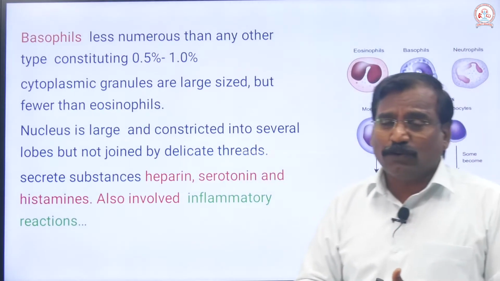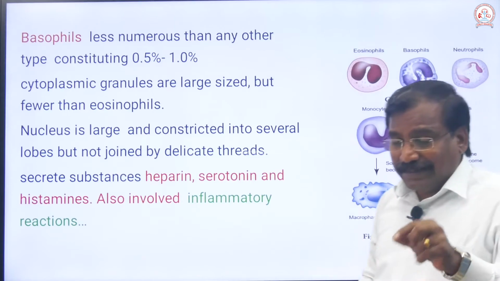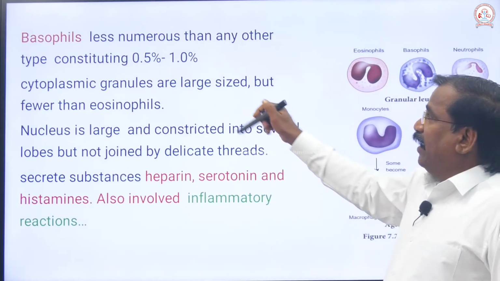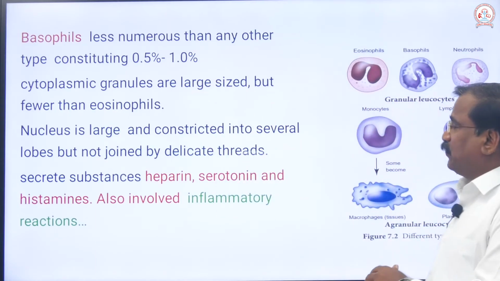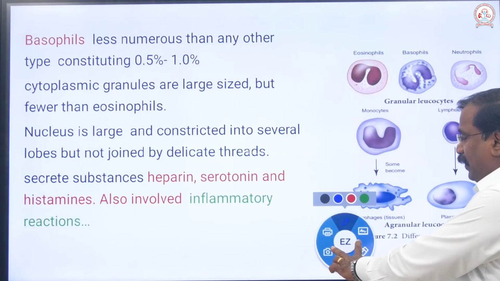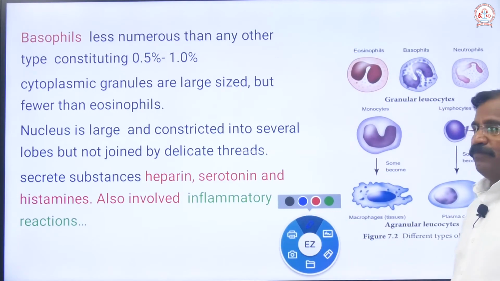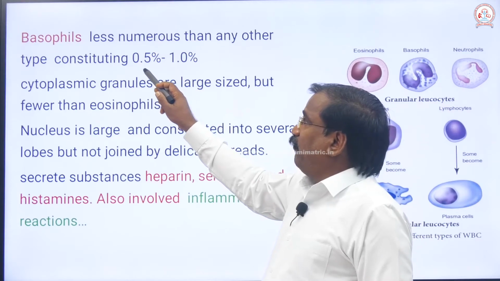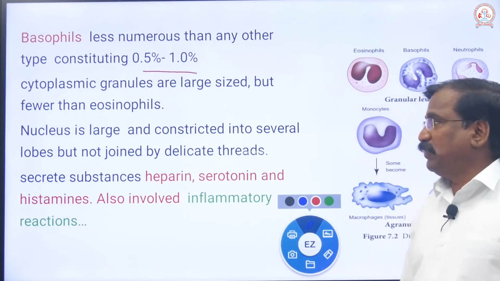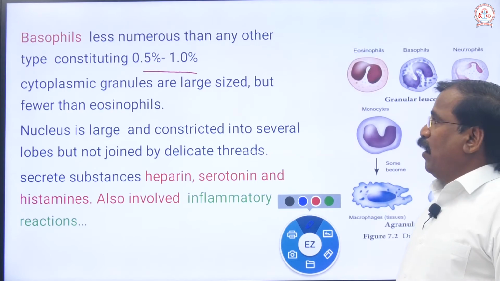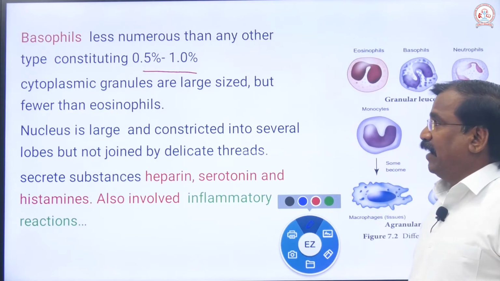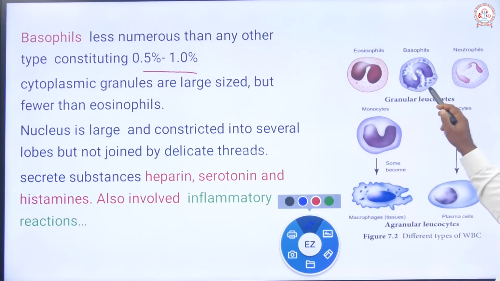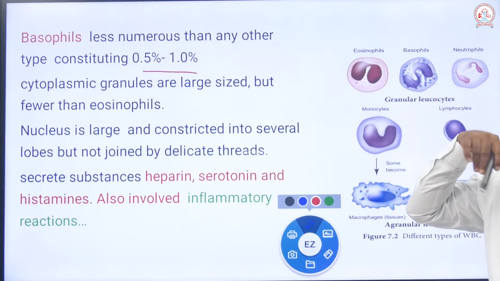Then next is the basophil. The third type of granulocyte is the basophil. It is 0.5 to 1%, the least number when compared to the other two, neutrophil and eosinophil. Listen, it comes under granulocytes, with cytoplasmic granules.